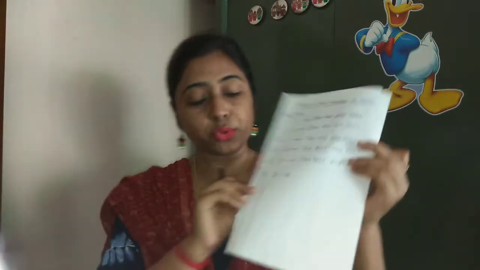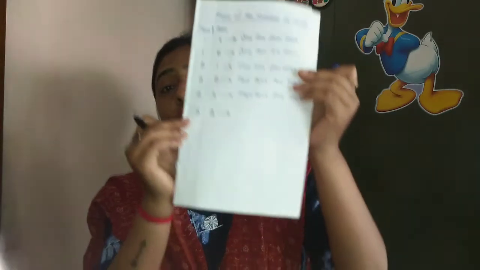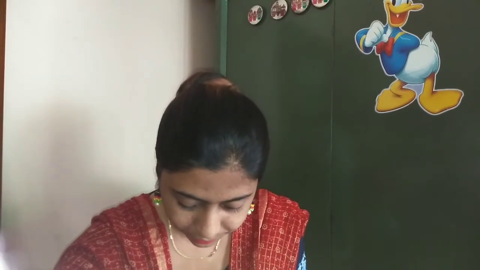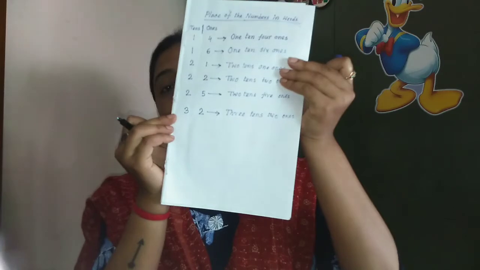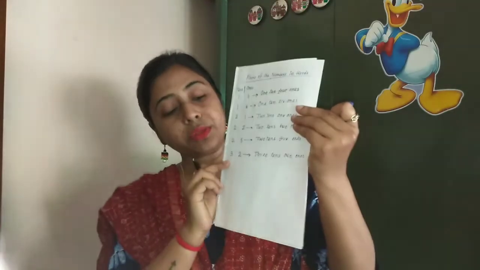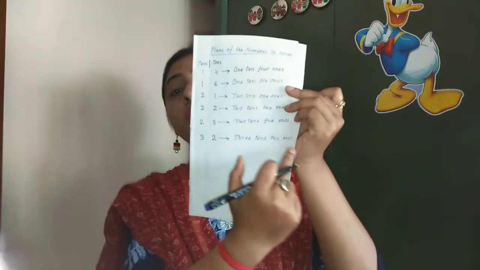So here 32 means 3 tens, 2 ones. Yes, 3 tens, 2 ones.